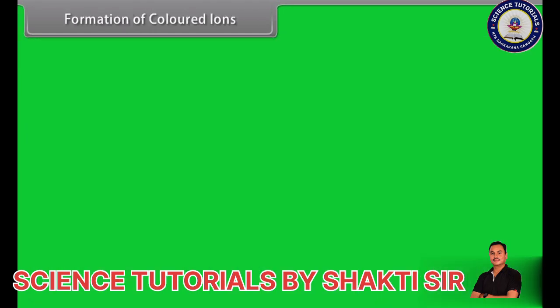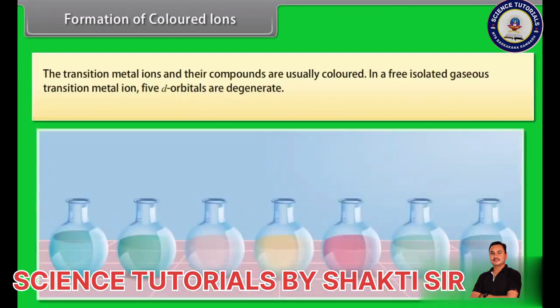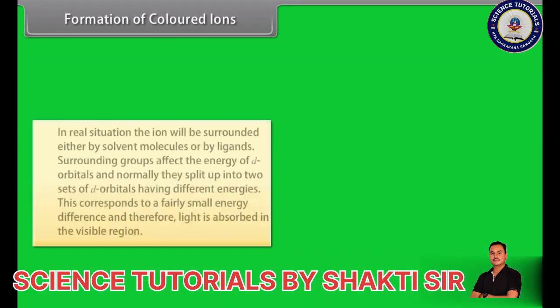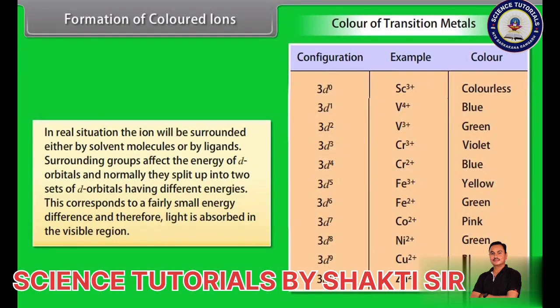Formation of colored ions. The transition metal ions and their compounds are usually colored. In a free isolated gaseous transition metal ion, the 5 d orbitals are degenerate. In real situations, the ion will be surrounded either by solvent molecules or by ligands.